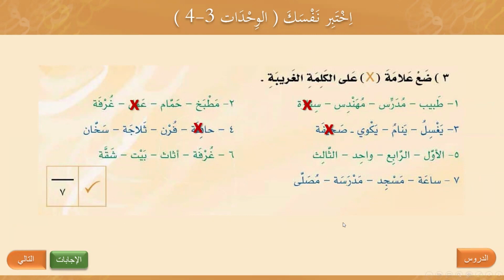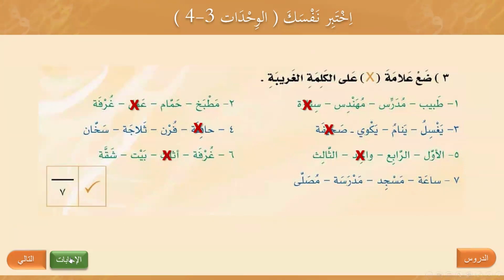Then we have Al-Awwalu, Arabiu, Wahidun, and Athalithu. Here Wahidun is basically a number, and it's different from the others, which are ordinal numbers. Then ghurfa, athath, bayt, and shaqqa. Ghurfa, bayt, and shaqqa are the same, and athath is different because furniture is different from the rooms.